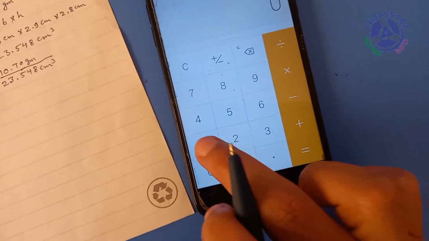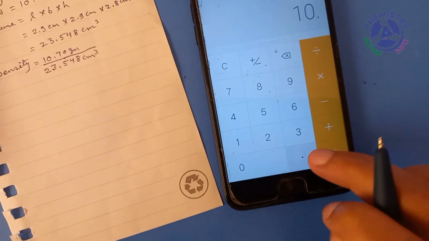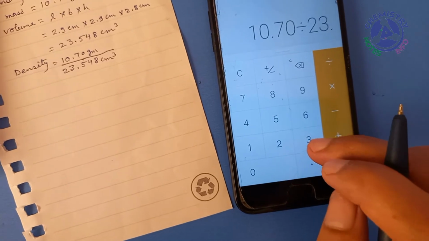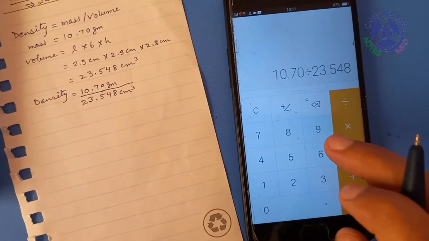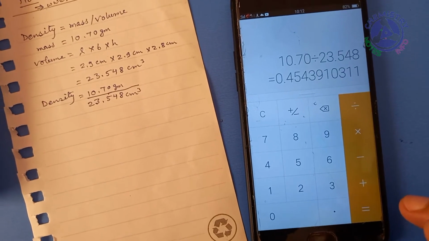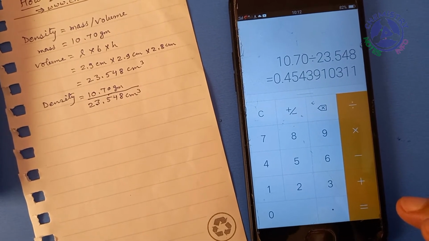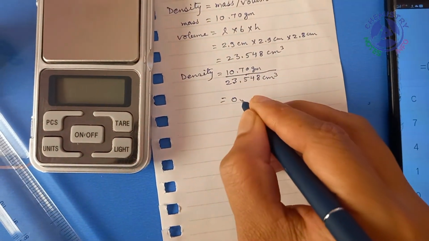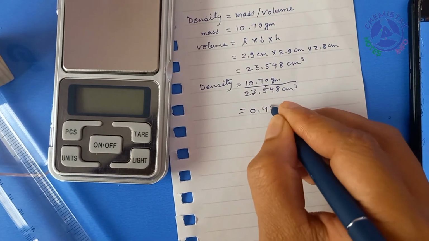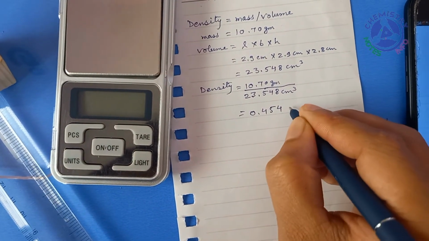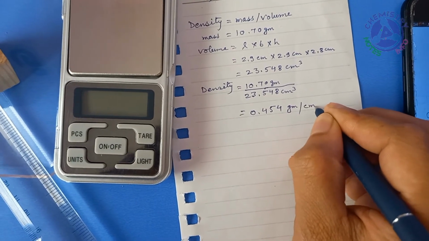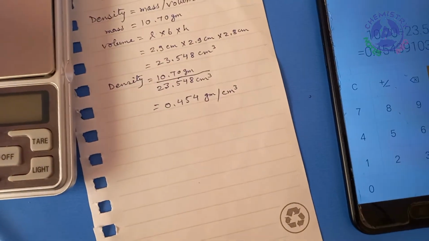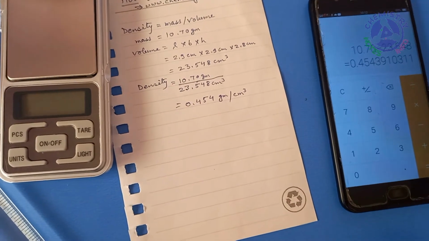So we have done our calculation as 10.70 divided by 23.548 is equal to 0.454 gram per centimeter cube. So this is our density of the wooden piece, 0.454 gram per centimeter cube.